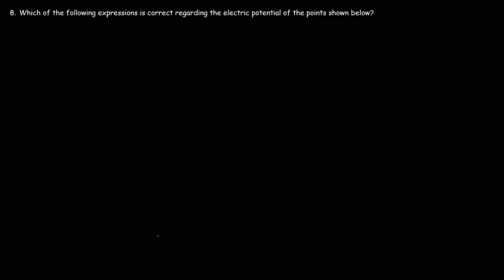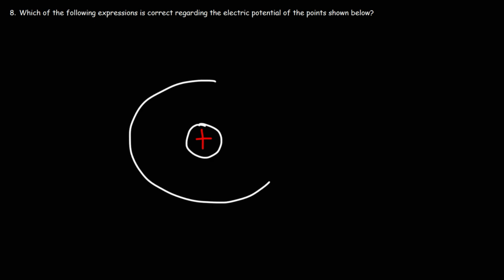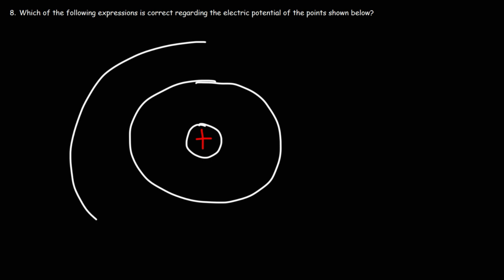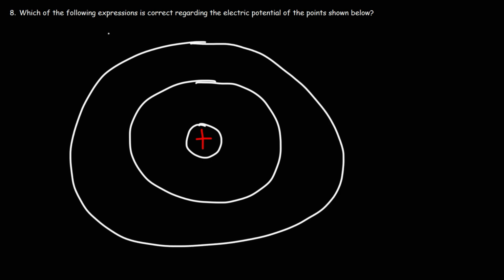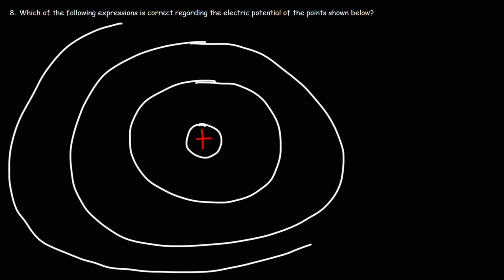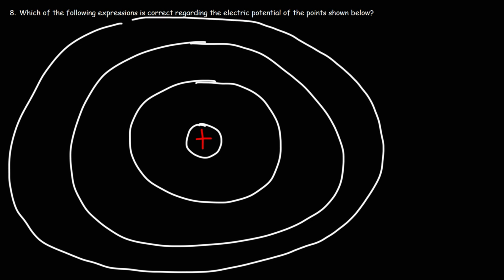But now let's say if you had a question like this. Let's say if there was a positive point charge at the center. And let's draw some circles around it. Now my circles aren't perfect, but let's assume that each circle is a perfect circle.